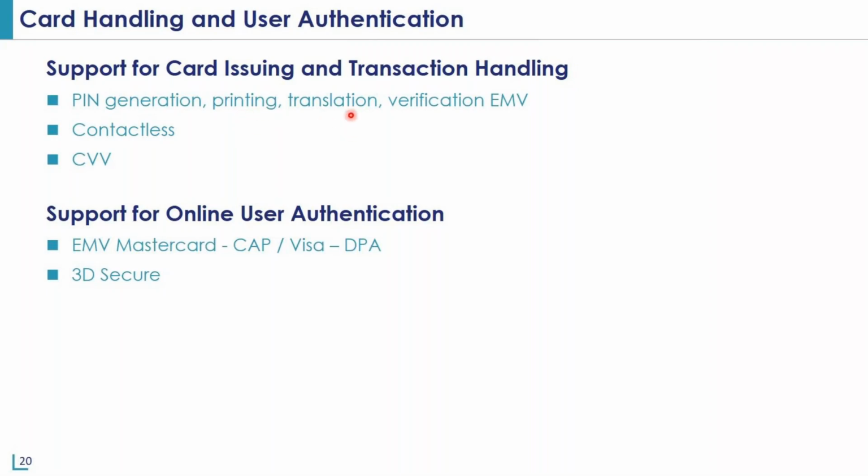Pin translation, verification of EMV, contactless and CVV payments can be supported by your PayShield 10K. For online user authentication, we support EMV MasterCard CAP, chip authentication program, or Visa DPA, dynamic passcode authentication. Or if they are using the higher secure fraud detection 3D Secure, we also support that.